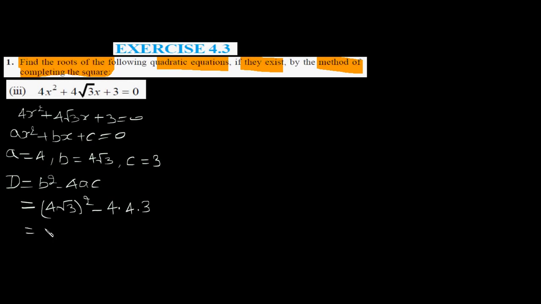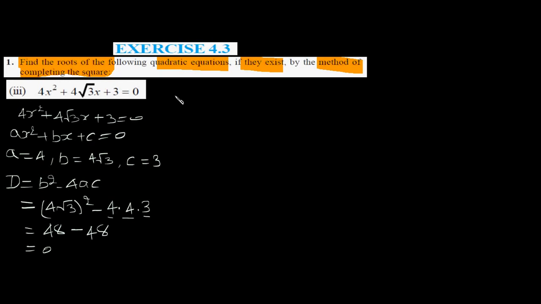So this is 4 square is 16 and root 3 square is 3, so 16 into 3 is 48, minus 4 into 4 is 16 and 16 into 3 is again 48. So this is equal to 0.